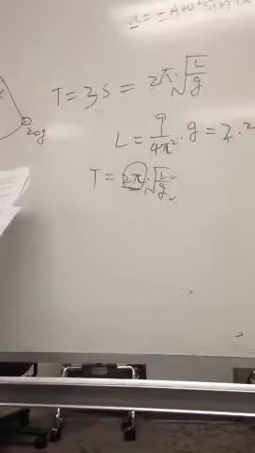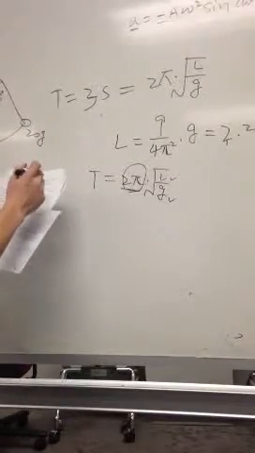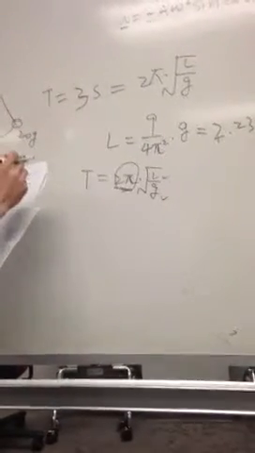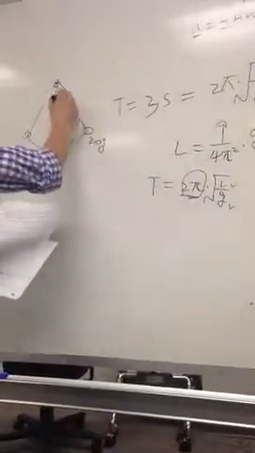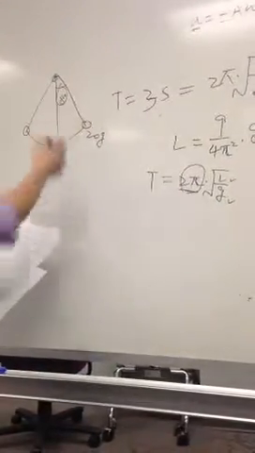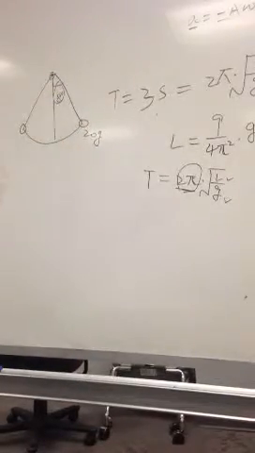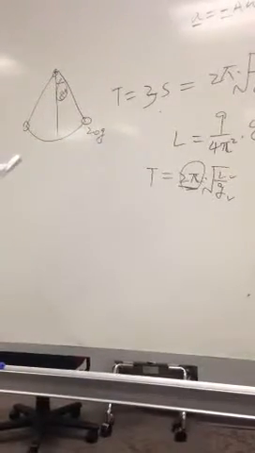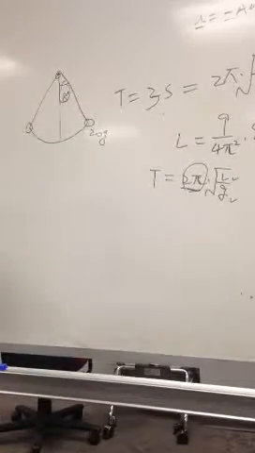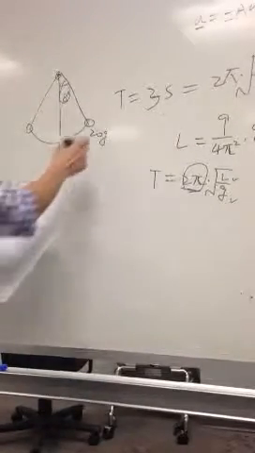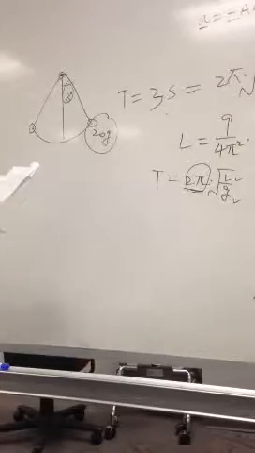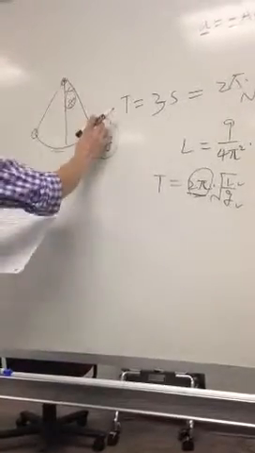Does the period of the pendulum depend on the initial angular displacement? No, because no matter if it's 8 or 10 degrees, the period will be the same. And C, depend on the mass?